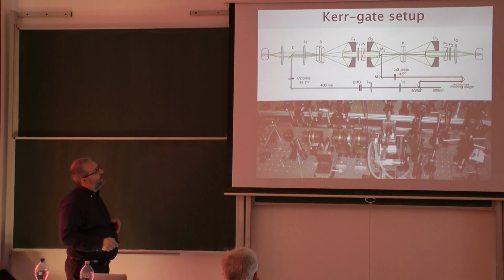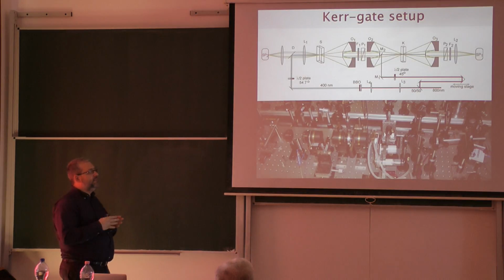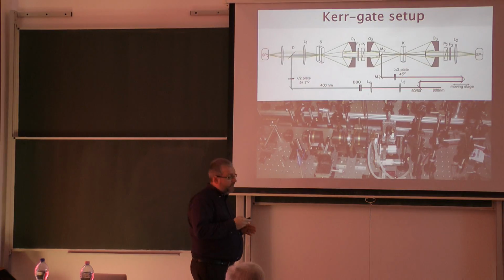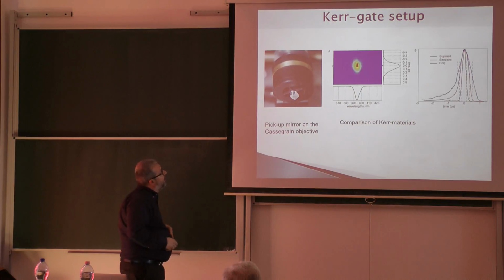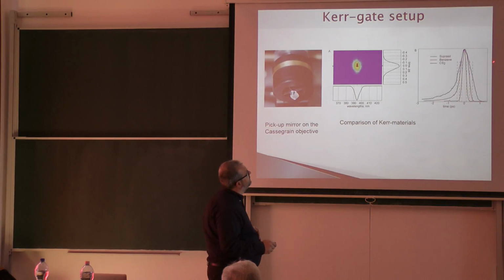And basically, as I said, by changing or moving the stage, you will select the timing when you couple out the fluorescence light. So you can couple out at early times or later, and you are collecting whole spectra at different time steps. So let's look at the results. Now, this was just a comparison of the Kerr materials.